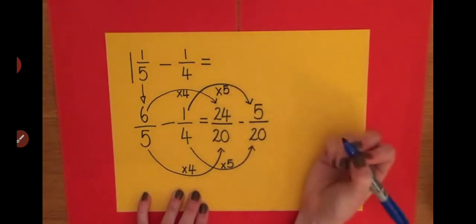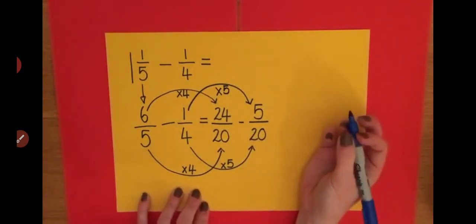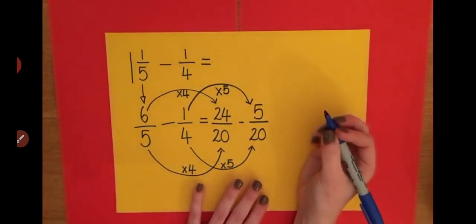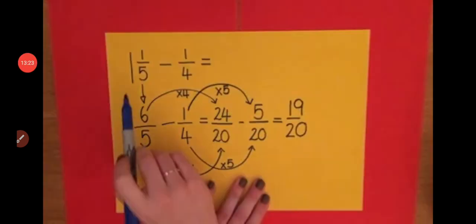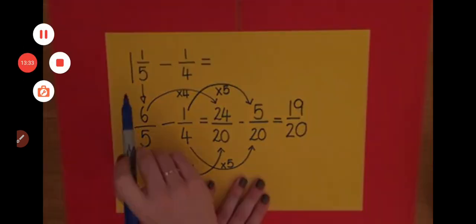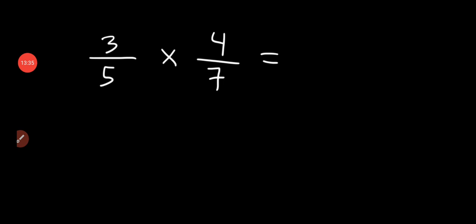Okay, understand? Now our denominator is the same, so you do it with the same method. Okay, so our answer is 19 by 20. Okay, understand? This is how you subtract or add two fractions. Okay, understand students?